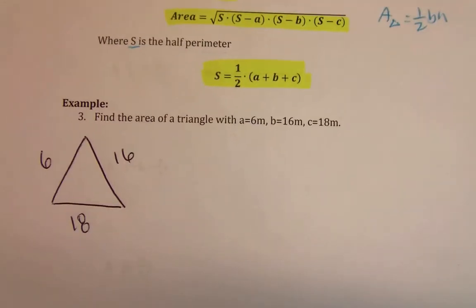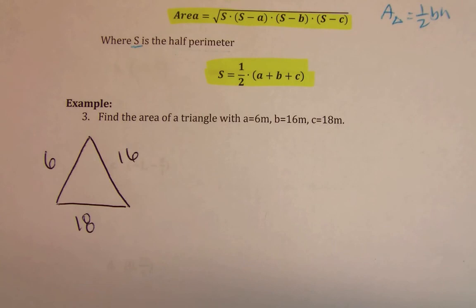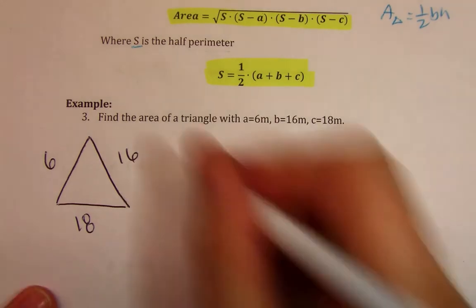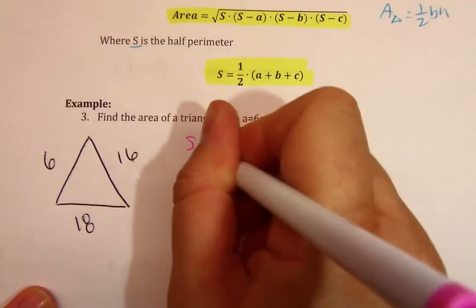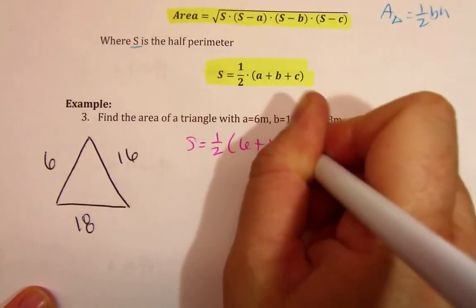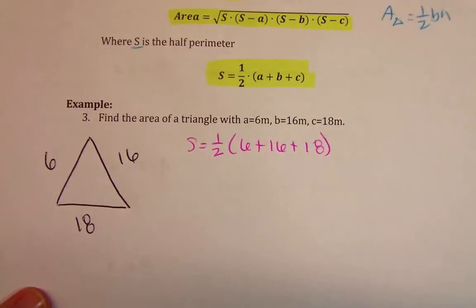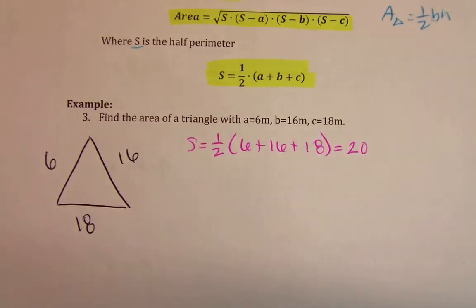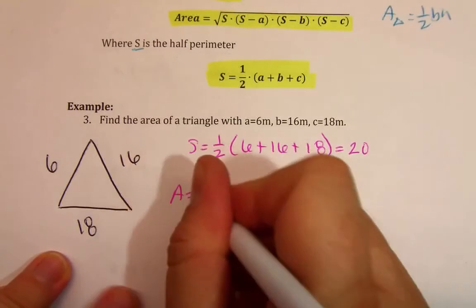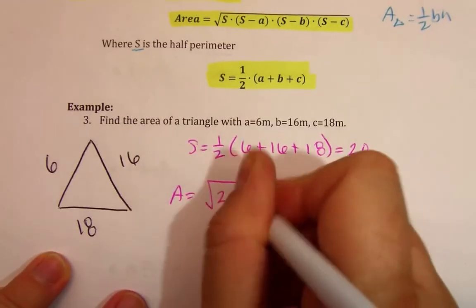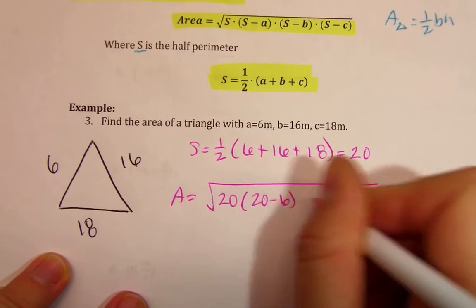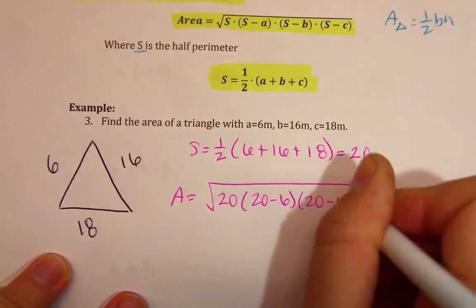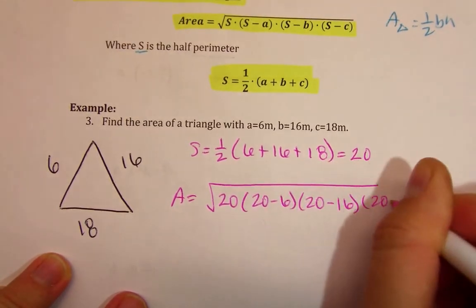It says find the area of a triangle with A equals 6, B equals 16, and C equals 18. So first we need to find S. Adding all of those up, dividing by 2, we get 20. And then the area is going to be equal to 20 times 20 minus 6 times 20 minus 16 times 20 minus 18.